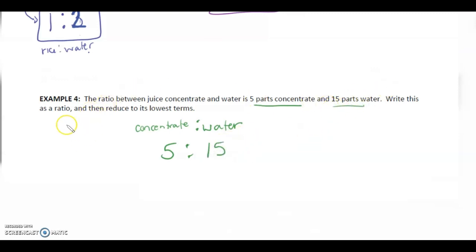Write this as a ratio, which we did, and then reduce it to the lowest terms. Well, when I look at 5 and 15, I know that both of these divide by 5. So I get 1 colon, and then 15 divided by 5 is 3. Okay, 1 part concentrate, 3 parts water.